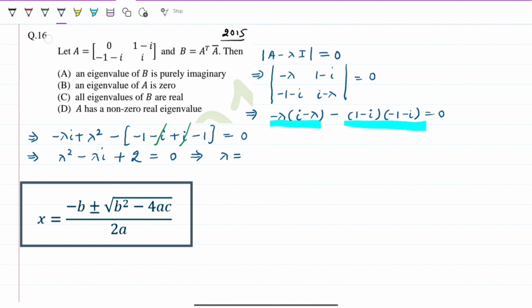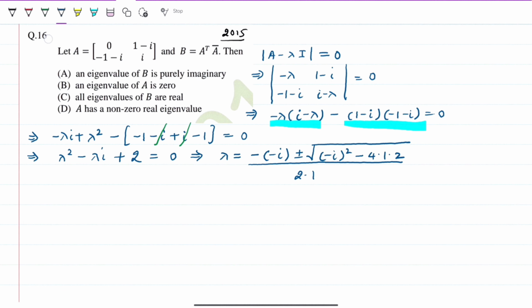So the roots are going to be minus b, in this case negative I, plus minus square root of b square, that's again negative I square, minus 4 into a, which is 1, into c, which is 2, over 2a, so that's 2 times 1. So we get lambda is equal to I plus minus, this factor is going to be negative 1 minus 8 over 2, and you can see that inside the root we have negative 9, so that is going to become 3i over 2.